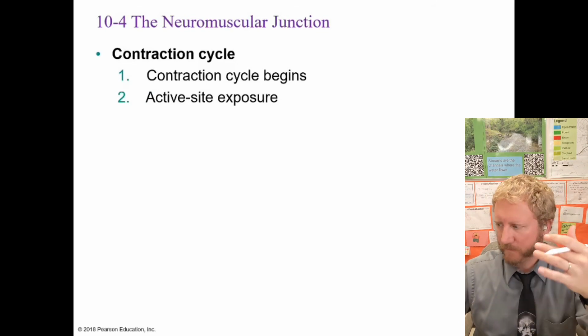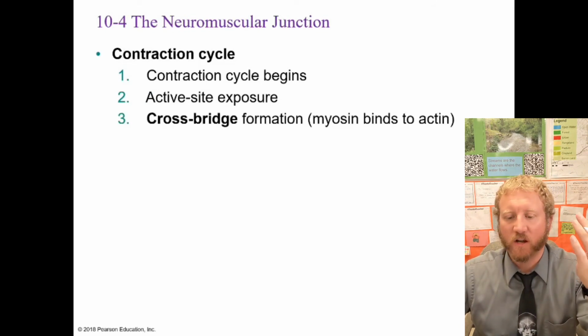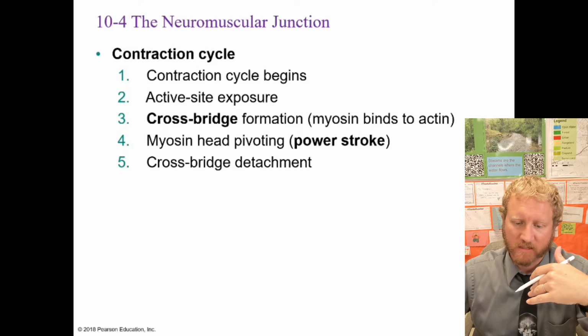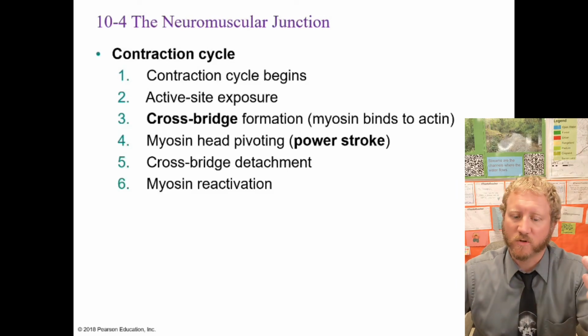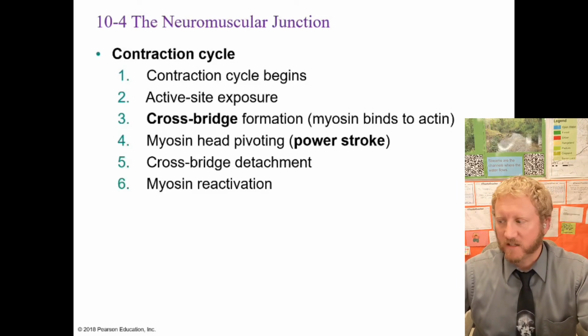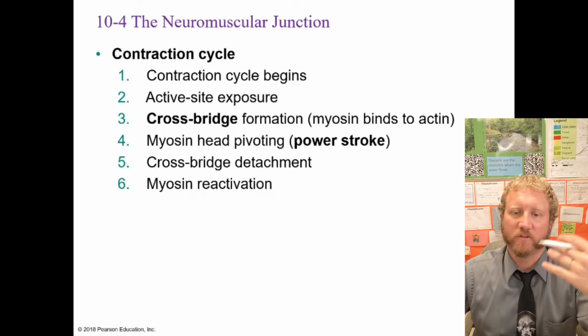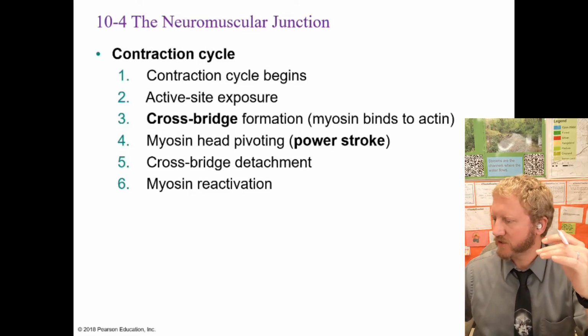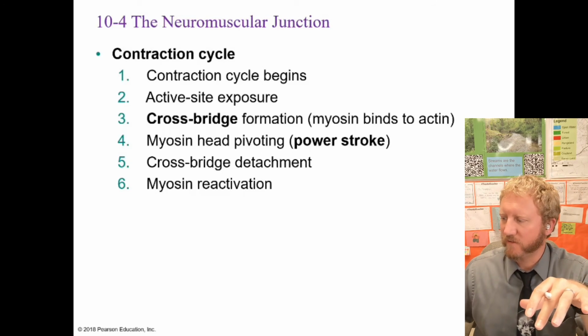We have the formation of cross bridges: myosin is going to bind to actin. We're going to have what's known as the power stroke as the myosin head pivots, then the cross bridge is going to detach, reactivating the myosin, and then this process will repeat as often as necessary.